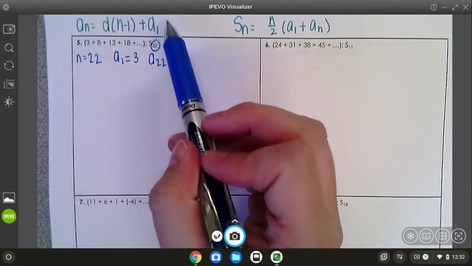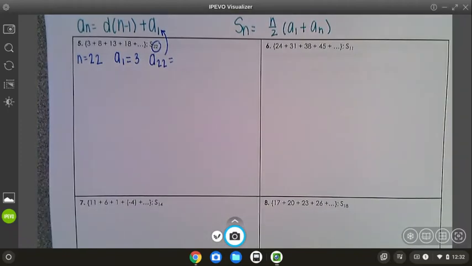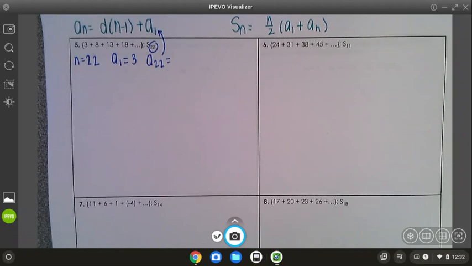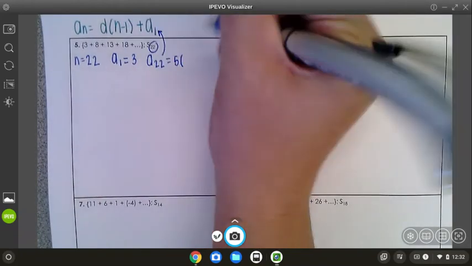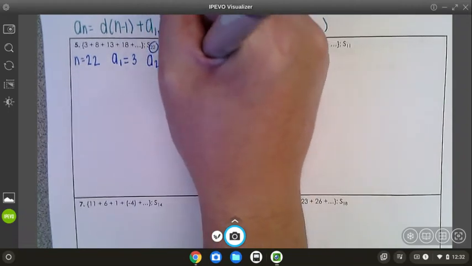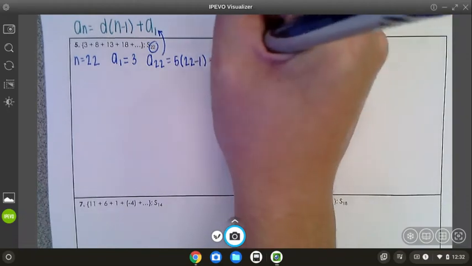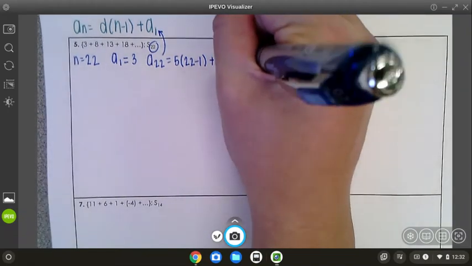Okay, so we're going to have to go back to this formula right there. What's my common difference? 5. And then 22 minus 1 plus A1 we said was 3. And we get 108.